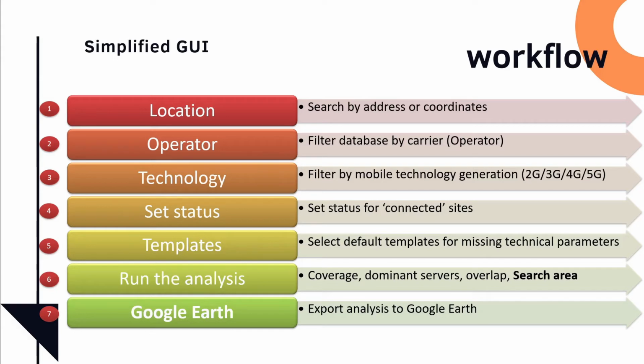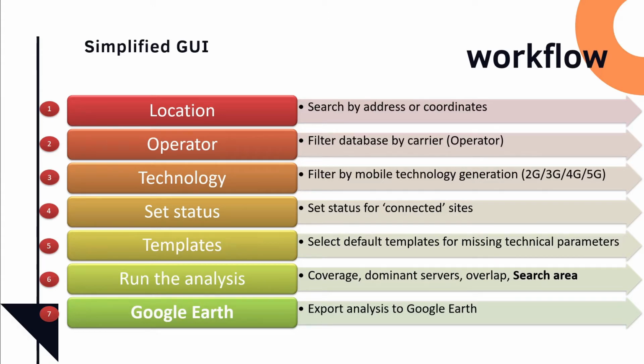Usually operators are not very keen to provide API access or something like that. So the idea is that they will give you a list of cell IDs, and they will give you the status, if it is connected or not connected. So this information will be handy. You can update the status of the site or the sites.